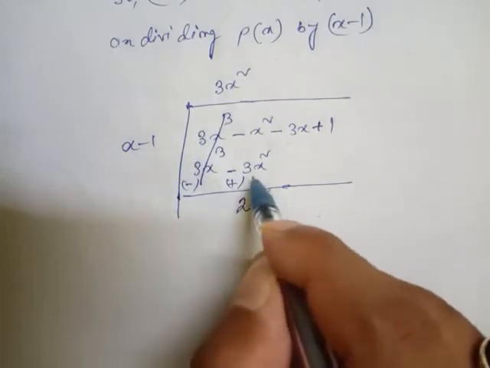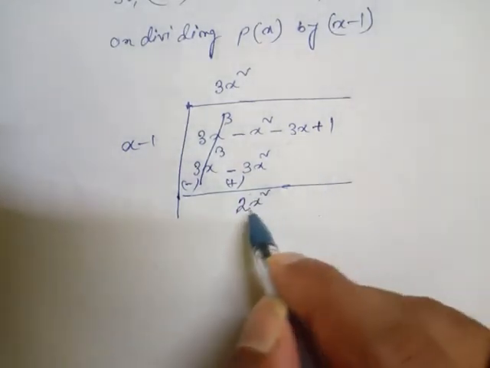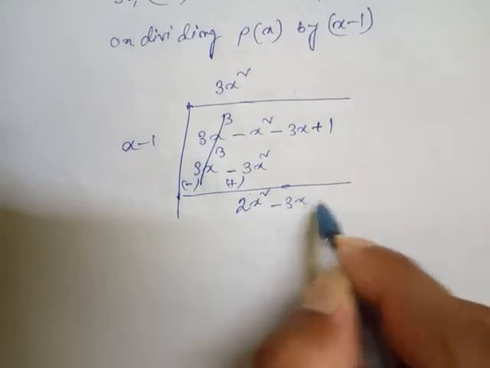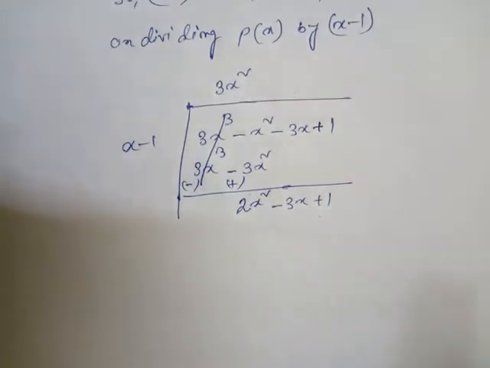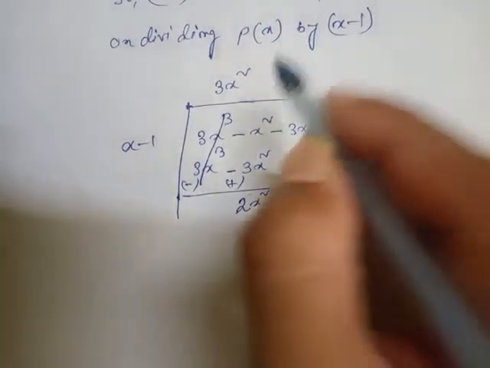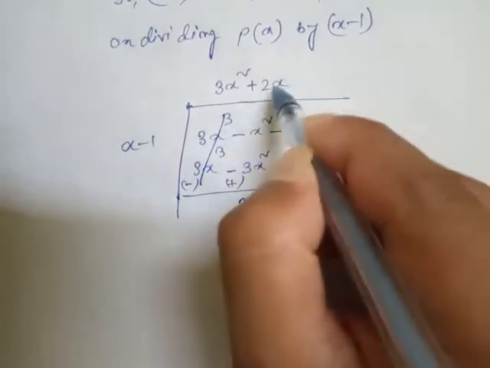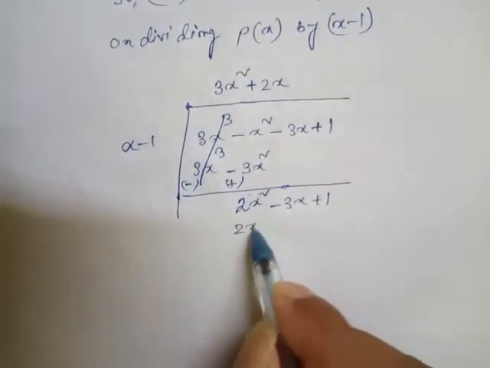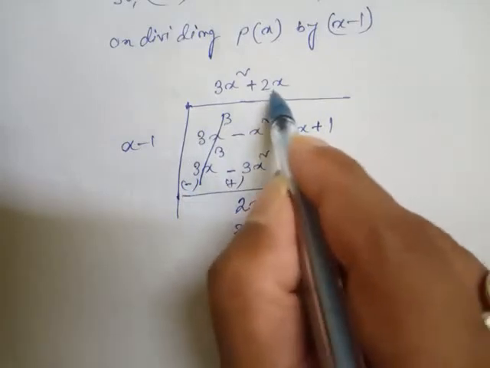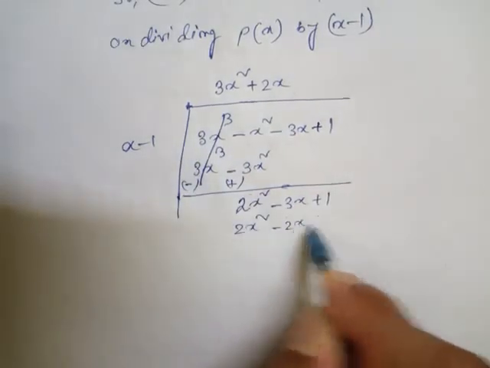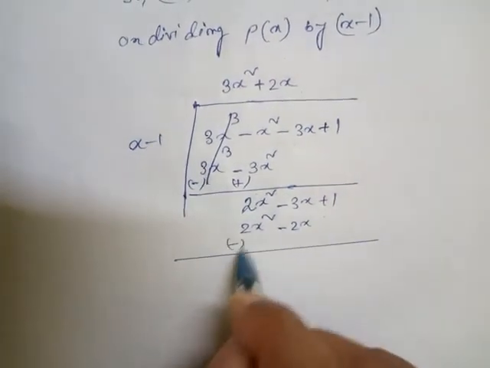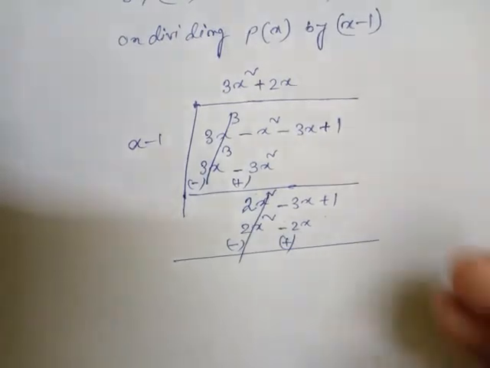Plus sign in front of the bigger number, so there is plus 2x square, then minus 3x, then plus 1. Now next, student, there is 2x square, so clearly I will just write down here 2x. 2x into x is 2x square. Now 2x into minus 1 is minus 2x. After that the signs change. Cancel this one.